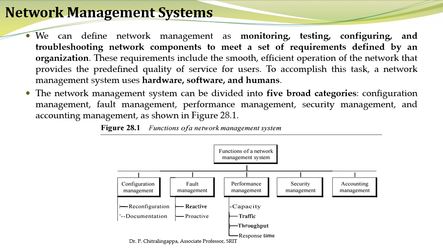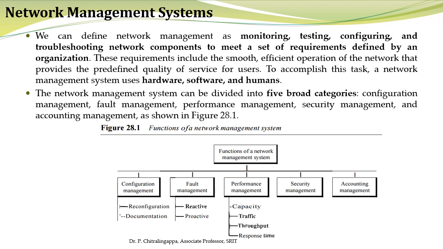And the second part of the fourth unit is network management system. We can define network management system as monitoring, testing, configuring, and troubleshooting network components to meet certain requirements defined by an organization. To accomplish this task, a network management system uses hardware, software, and humans. The network management system can be divided into five categories.